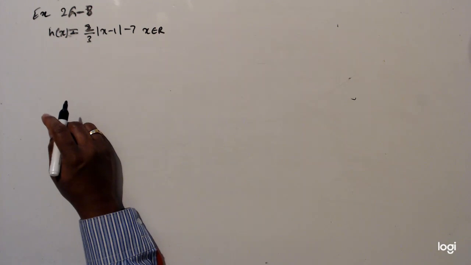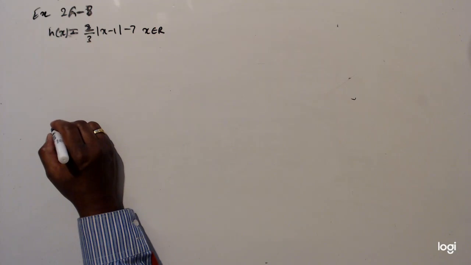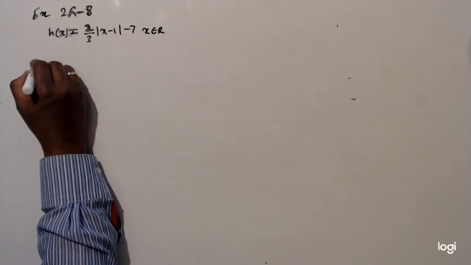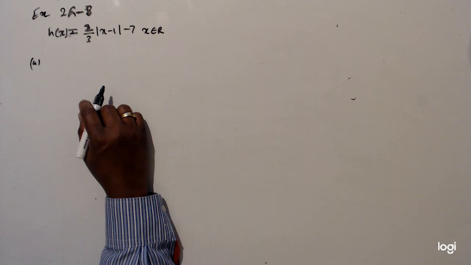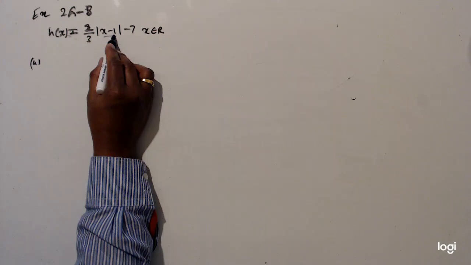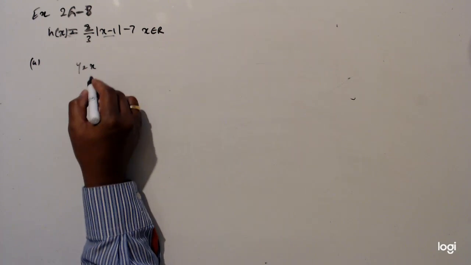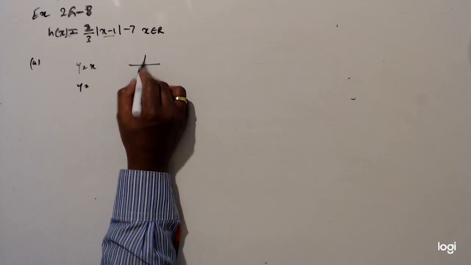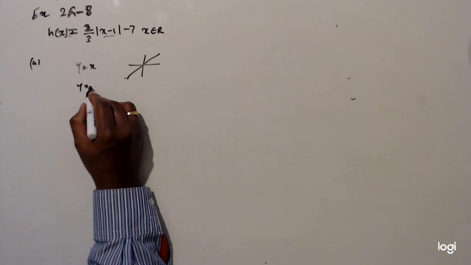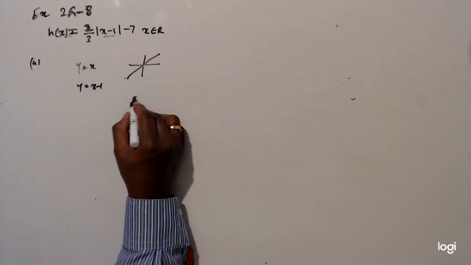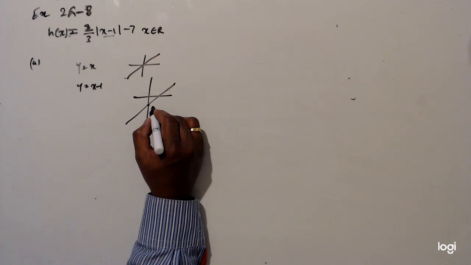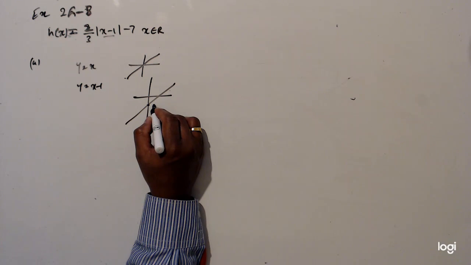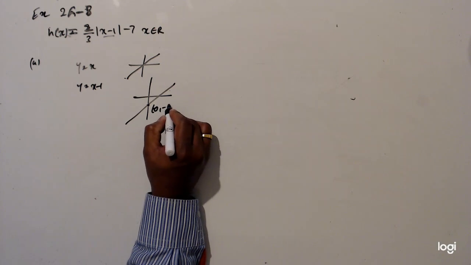Question number 8, we need to state the range of this one in part a. So we want to find what is the minimum and maximum. We'll start with y equal x, then y equal x minus 1. We'll bring one unit down, so this is going to be minus 1.